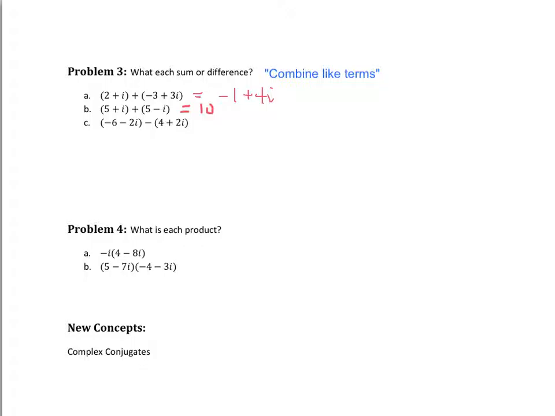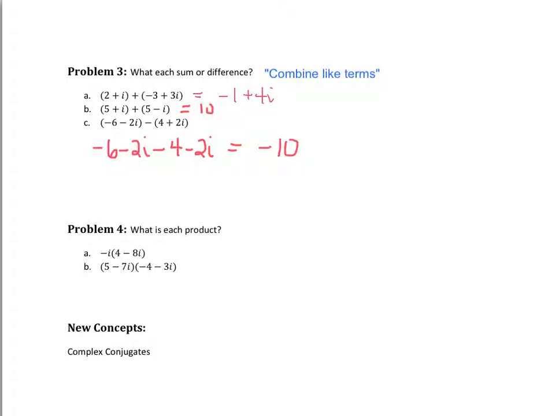And in letter C, making sure that I distribute that negative sign, the subtraction sign there can act as a negative sign. So that would equal negative 6 minus 2i minus 4 and minus 2i. Combining like terms, negative 6 plus 4 is a negative 2.